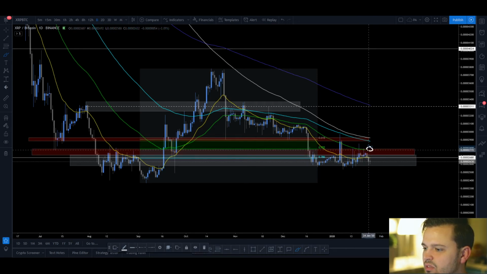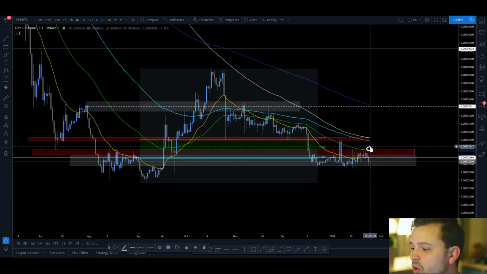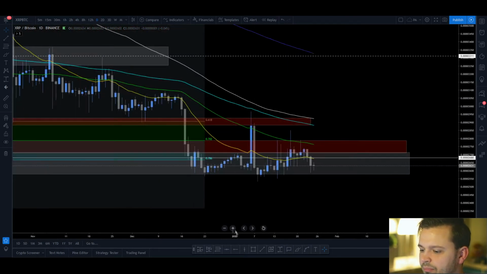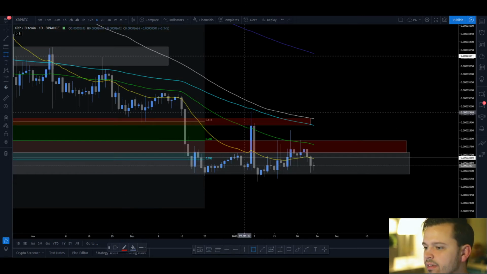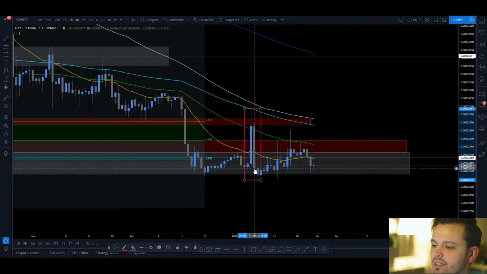I would love to see a daily open and close above, and the reason why I look for daily open and close is, here's a very good example. This is a fake out. You have a strong move, the daily candle closing above this area here, but the next candle actually closes back below.